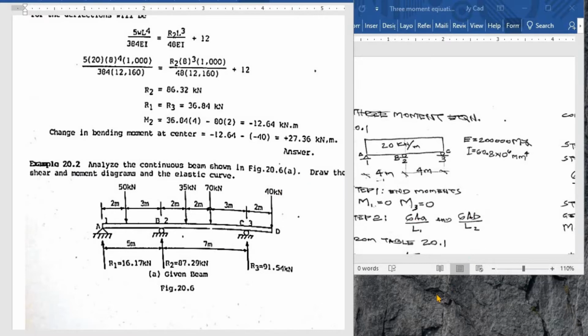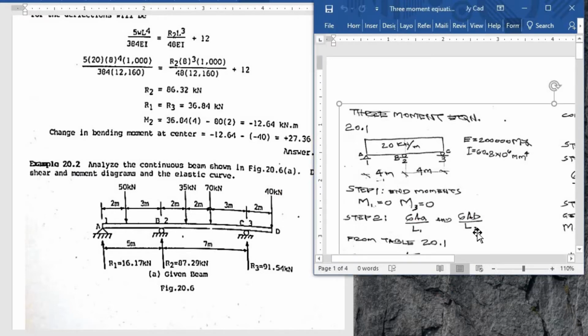Okay, so ang technique natin dito ngayon, mag-start tayo sa problem 20.2 kasi itong 20.1 symmetrical siya. Sa 20.2, it is unsymmetrical.